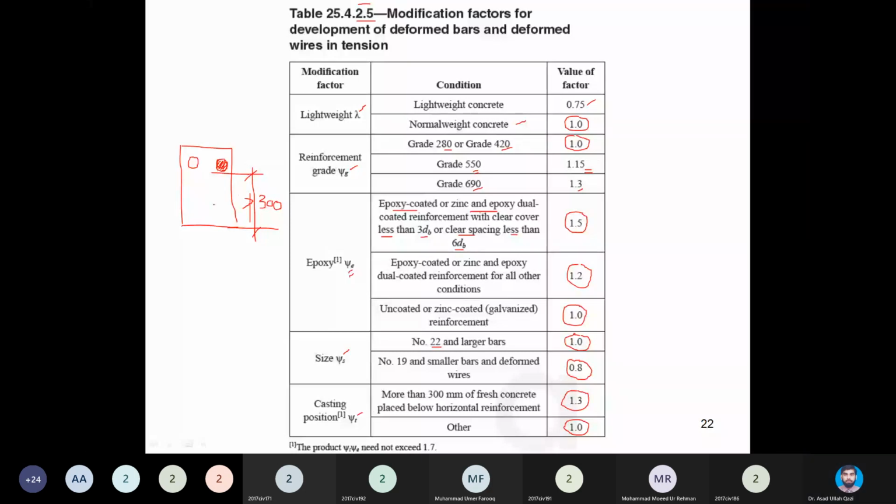Why is this 30% enhancement proposed for depths greater than 300? The reason is quite logical. When you pour fresh concrete in the formwork and vibrate it for compaction, air bubbles entrapped in the concrete mass will tend to escape.